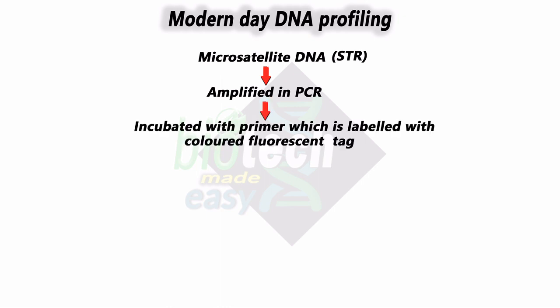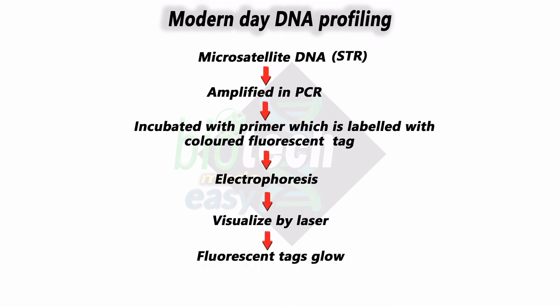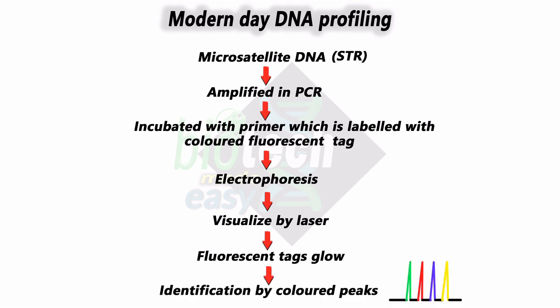The primer used here is labeled with colored fluorescent tags. And as in the earlier procedure, this is also subjected to electrophoresis. But here the visualization is done under the laser so that the fluorescent tags glow, and you get colored peaks so that identification can be done.